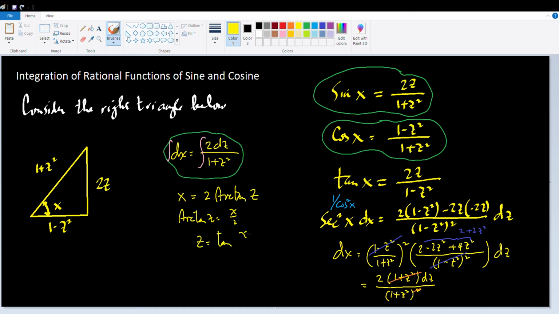We have tangent of x over 2. So this is the expression that will put back the variable x in the final answer.